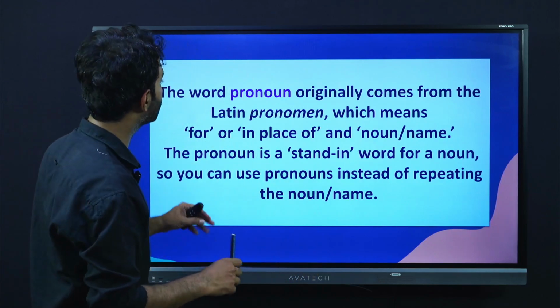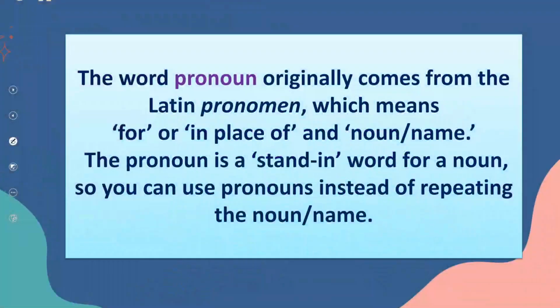Let's see where it originated from basically. So the word pronoun, originally it is coming from the Latin word pronomen. Now Latin is a very old ancient language. The word is pronomen. Then it becomes pronoun with the passage of time, with excessive usage.